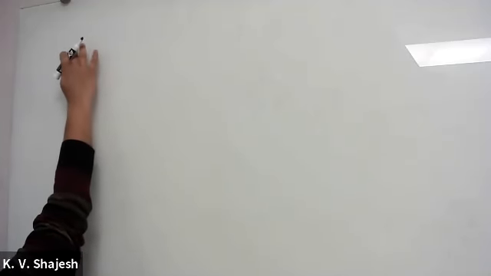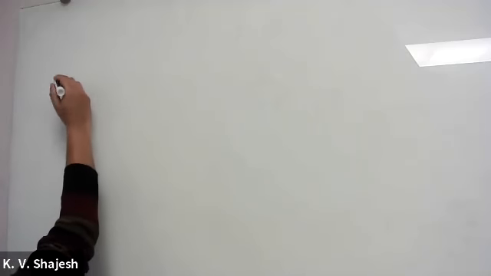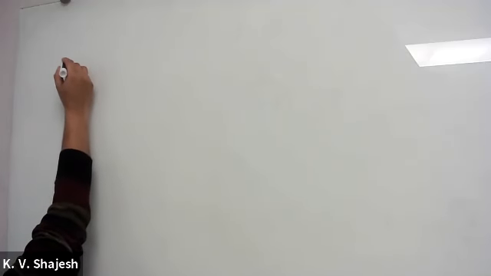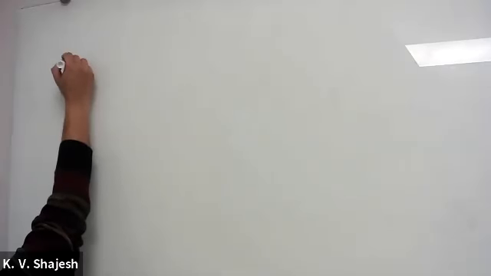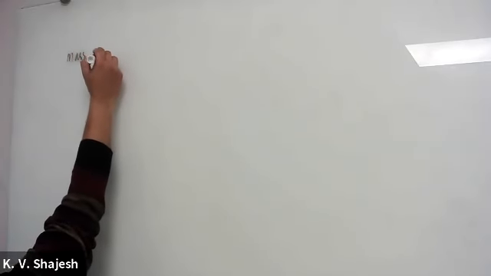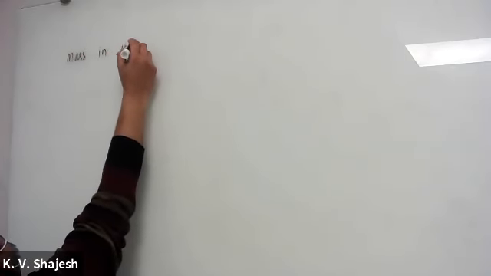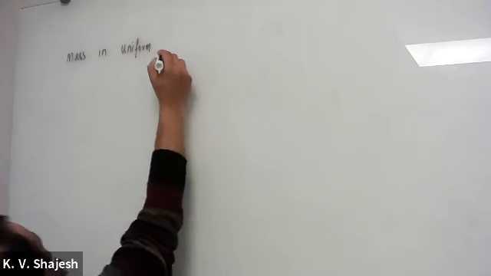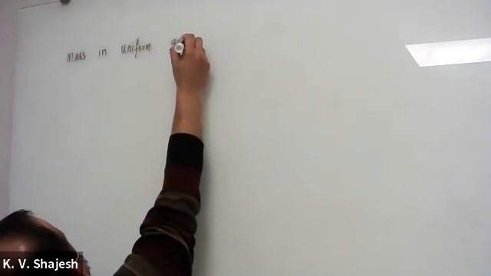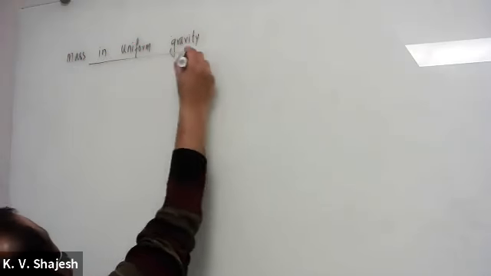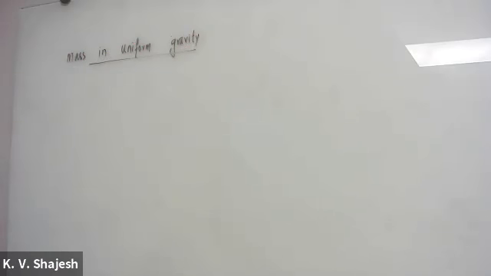First, let me do a simple example. A straightforward example: a mass in uniform gravity. So just a warm up before we do the magnetic field example.